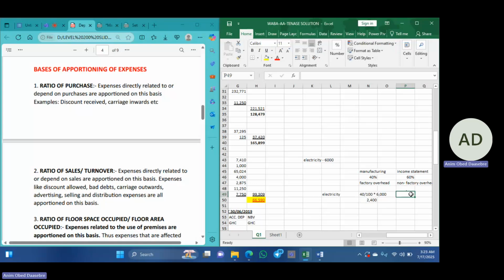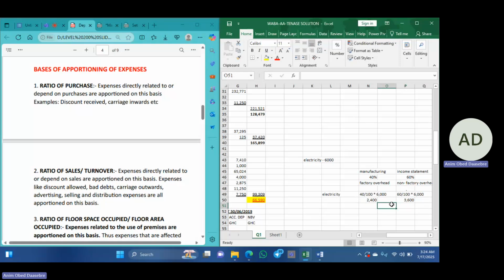And the second one is 60% over 100 times 6,000. That one will also give you 3,600. So this is how we do the computation.